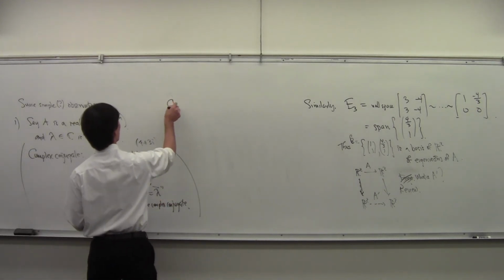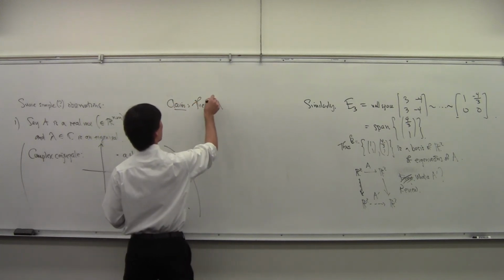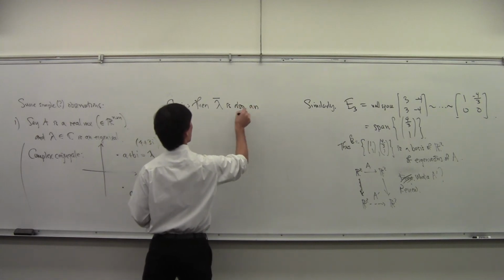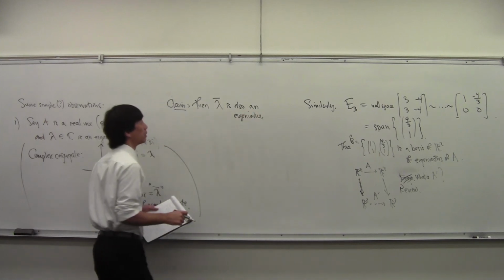Then, claim: lambda bar is also an eigenvalue of A.